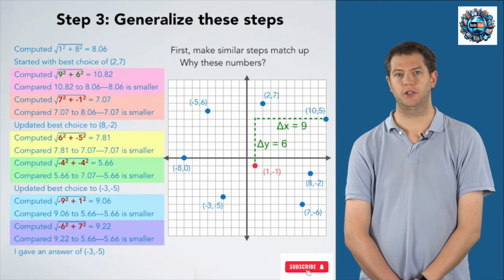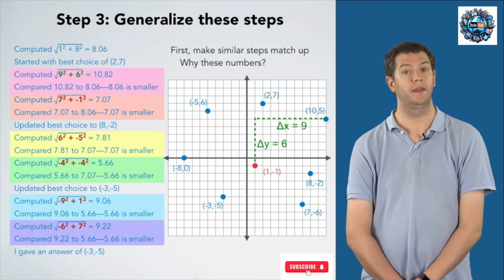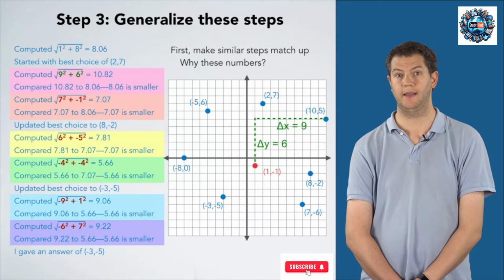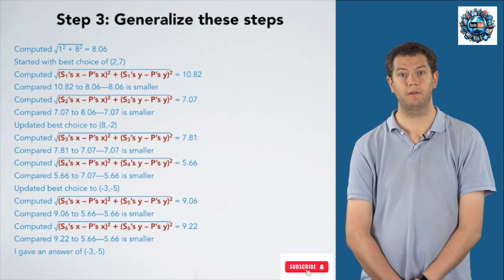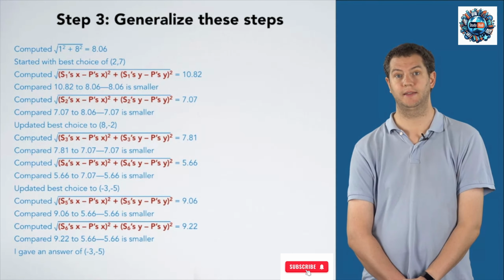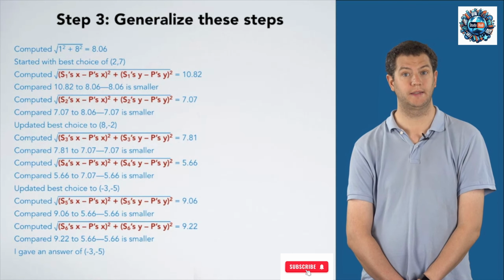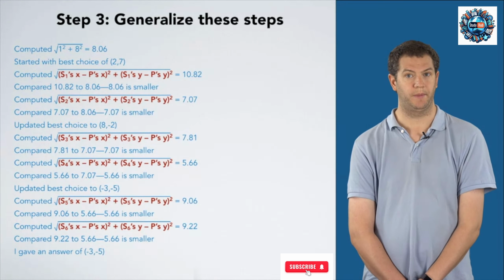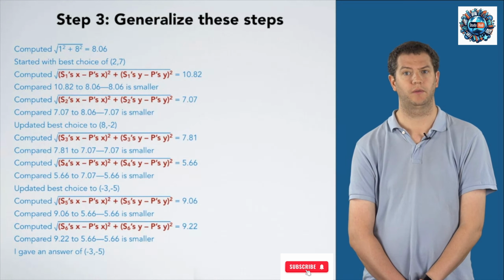If we look at our picture, the 9 comes from delta x, and the 6 comes from delta y, the difference between the point 10, 5 in set S and 1, -1, the point P. The same is true for all of these other numbers, the differences in x and y between points in S and P. So we might rewrite all of these steps to have the points S1, S2, etc. up to S6. We'll call the first point S0 when we get to the starting step. Programmers often like to start counting from 0.